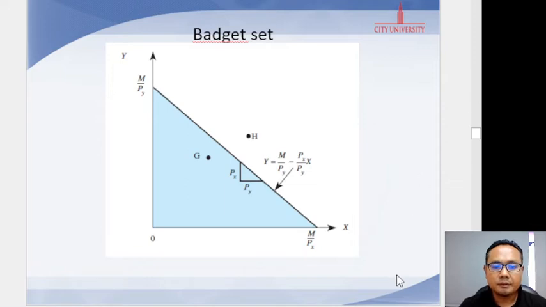So we get this kind of equation if the consumer spends all of the income on good X. By manipulating this equation, we see the maximum affordable quantity of good X consumed is like this.